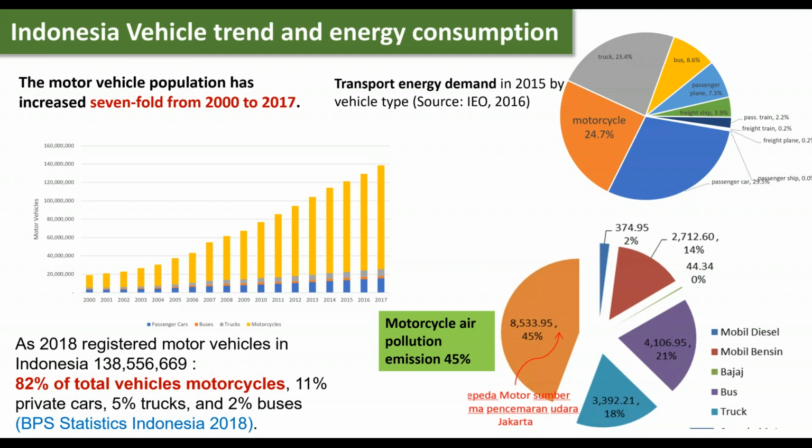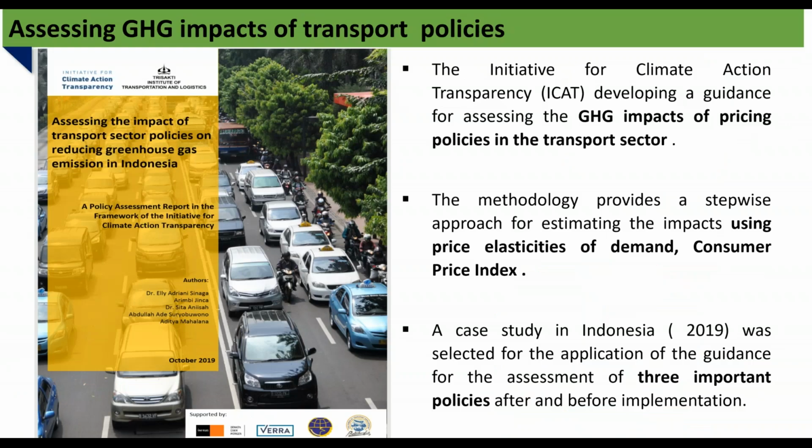It is a very big share. 82% of our vehicles are motorcycles, and the energy that we use for motorcycles is about 25%, and the pollution impact from motorcycles is also very high, 45%.